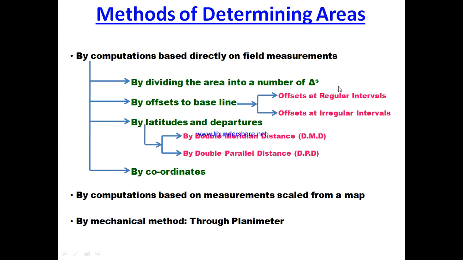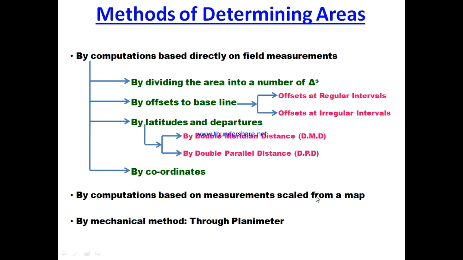Now, what are the different methods of determining area? Majorly it is classified into three: by computation based directly on the field measurement, and by computation based on the measurement scaled from a map. For example, you have determined the horizontal angle and vertical angle with the help of a theodolite, you have calculated the value of latitude and departure, and then you have constructed a traverse in the particular area and brought that onto a piece of map with all the scaled distances.